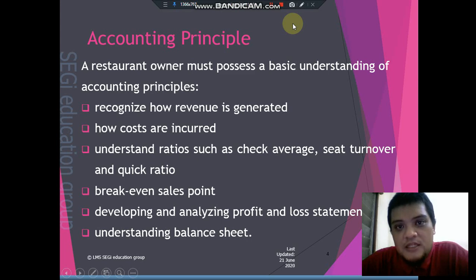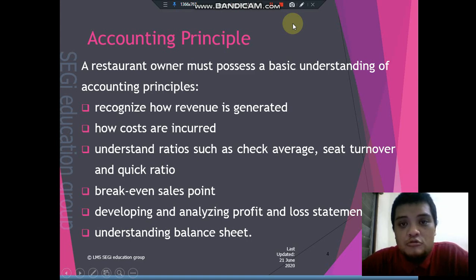Firstly, it will be from the food sales. That is very obvious for any restaurant. Secondly, is the beverage sales. Now we are talking about the other streams of revenue, which may include your catering services and also retail services, because some restaurants also do outside catering services and retail services in the restaurant. So all of these are considered as streams of revenue.